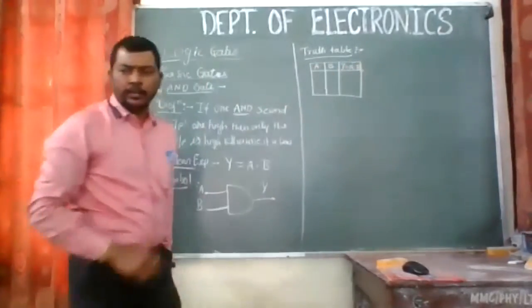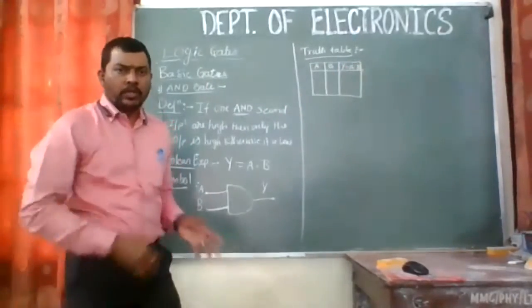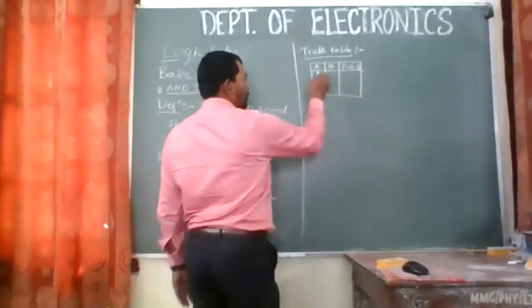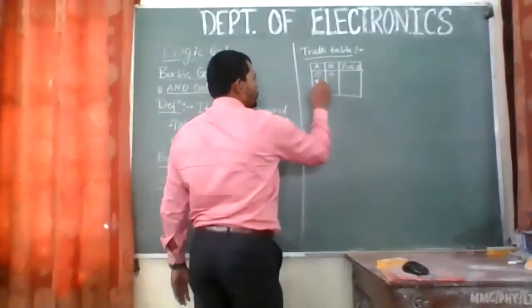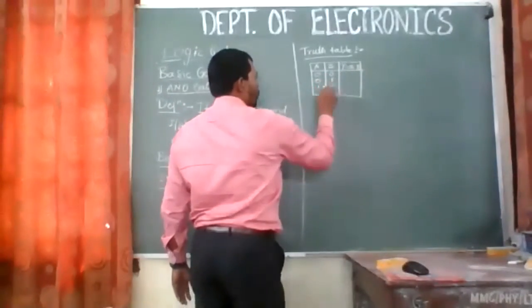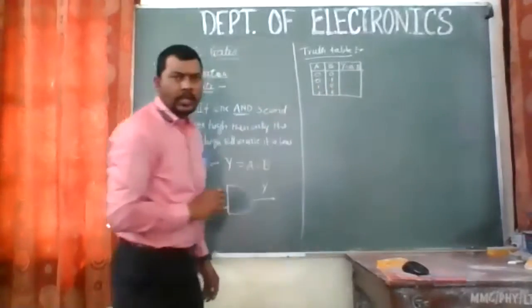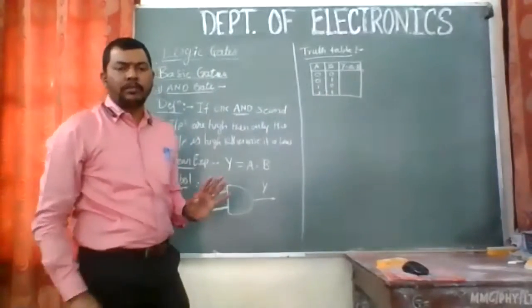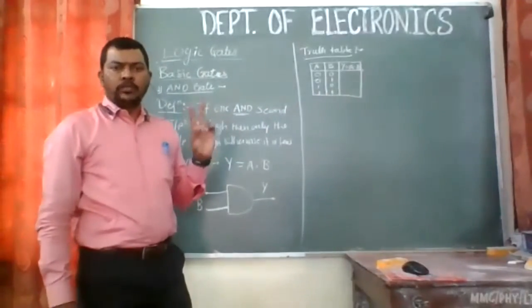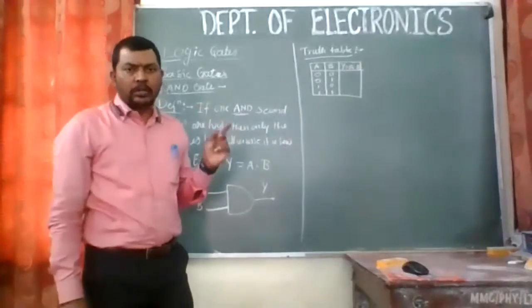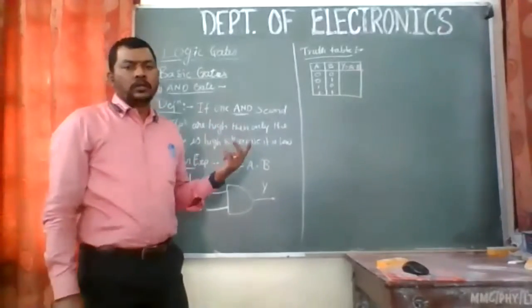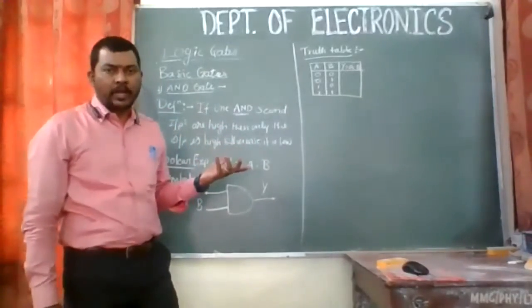The probable inputs that we are expecting to give to this gate are 0, 0; 0, 1; 1, 0; and 1, 1. So we have four possibilities for two inputs. They might both be zero, they might be 0, 1 or 1, 0, or they both will be high, right?